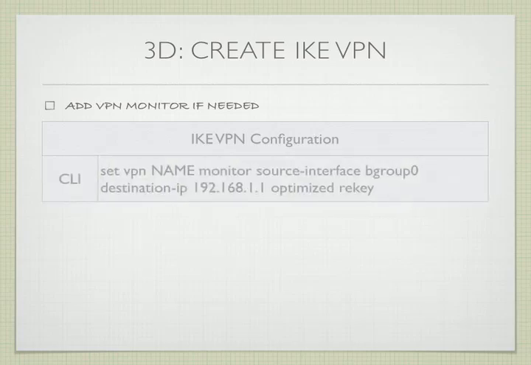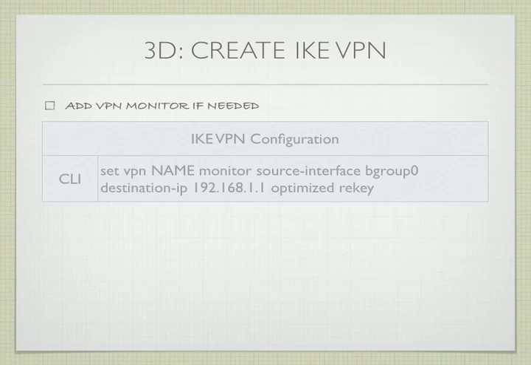This allows you to select an interface and an IP address to ping, and allows you to rekey and optimize the VPN so that it basically keeps it alive. In other VPN software, you will see these options as the keep alive option.